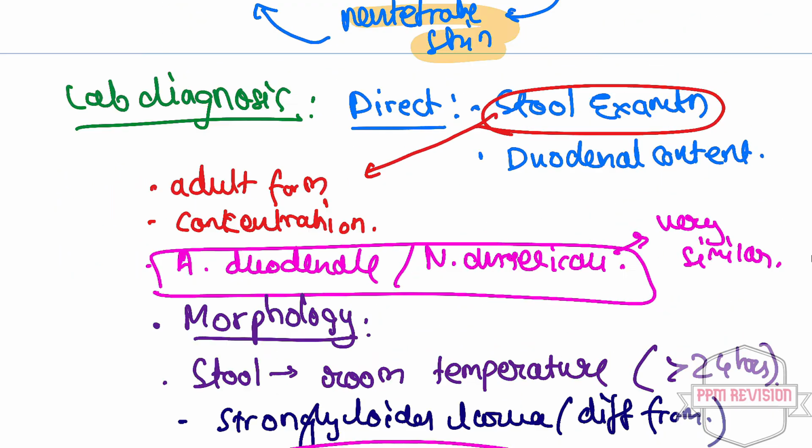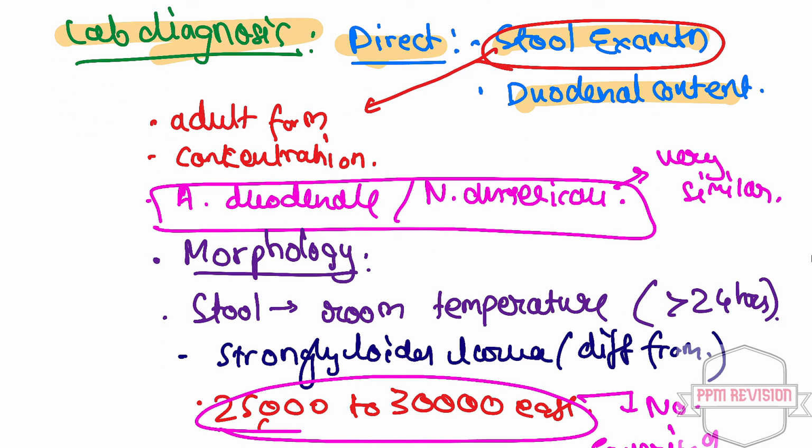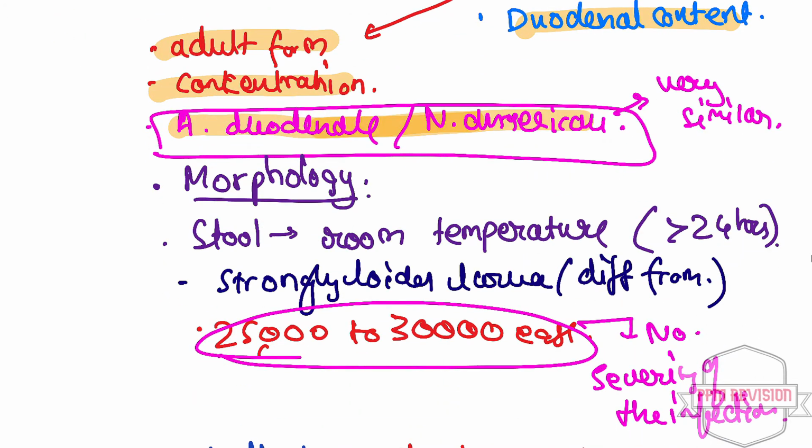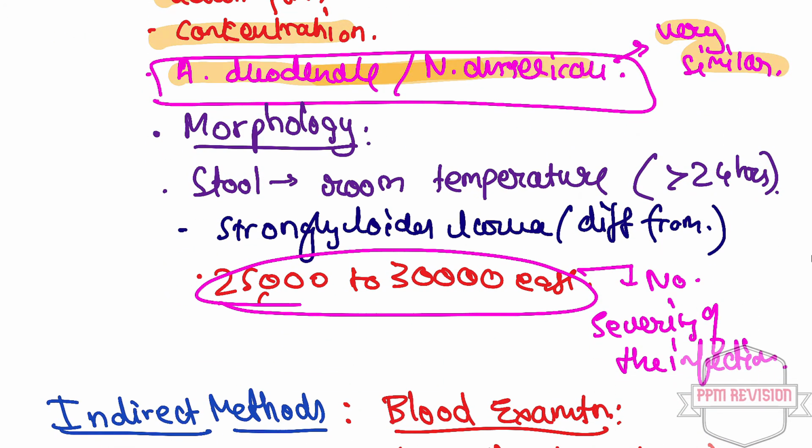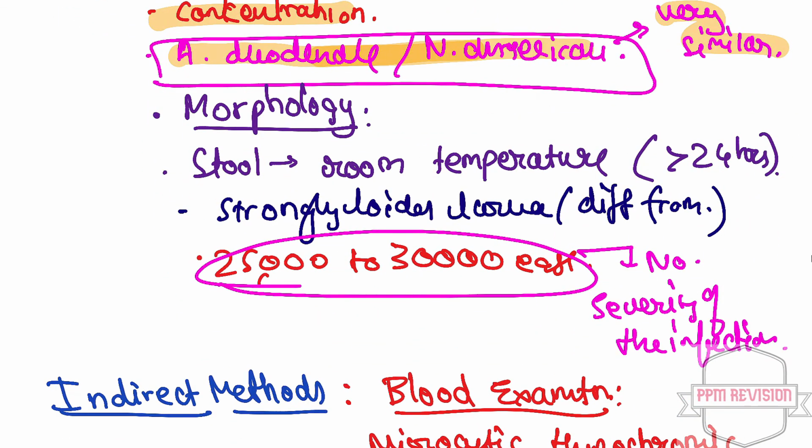In the lab diagnosis, there is direct, that is stool examination and the duodenal content. In stool examination, we are looking for the adult worms, and concentration techniques are used. One challenging task is that Ancylostoma duodenale and N. americanus are very similar, and under the microscope, by the morphology, we are able to differentiate them.